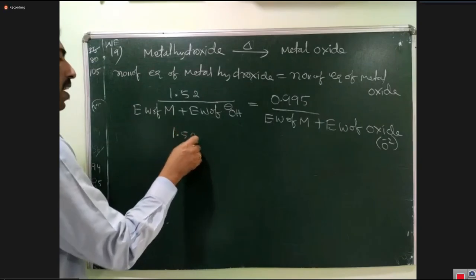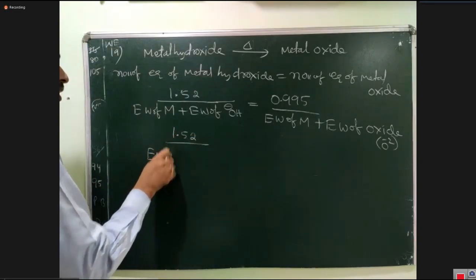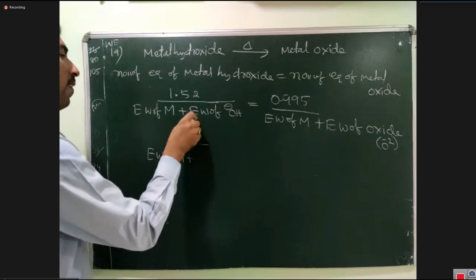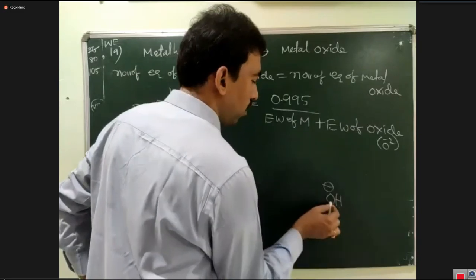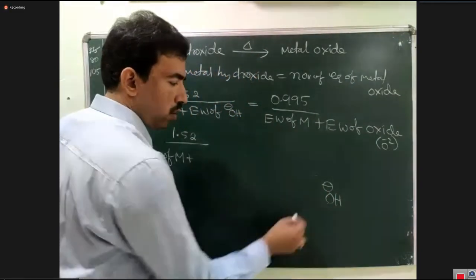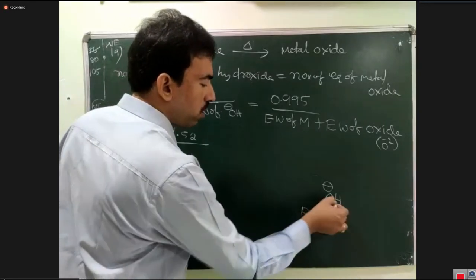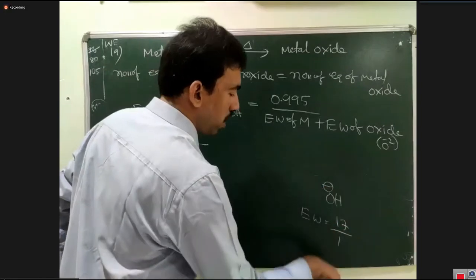1.52 is the weight of metal hydroxide, divided by the equivalent weight of metal, which we don't know, plus the equivalent weight of hydroxide, OH minus. The n-factor of hydroxide is 1, so the equivalent weight of hydroxide is oxygen 16 plus 1, 17, by 1, that is 17.